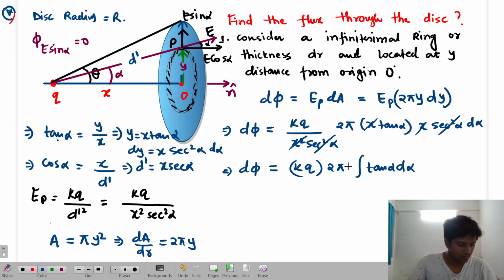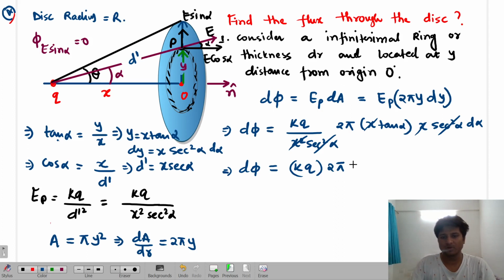Now, out of this flux, I have only the component of electric field cos alpha, only that term over here. So look over here. d phi is 2 pi tan alpha d alpha. The flux is only there for the E cos alpha component, so I need to take only the cos alpha component over here.